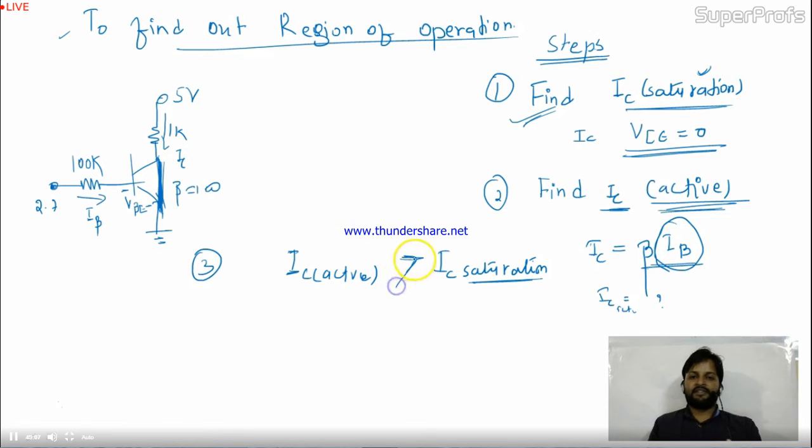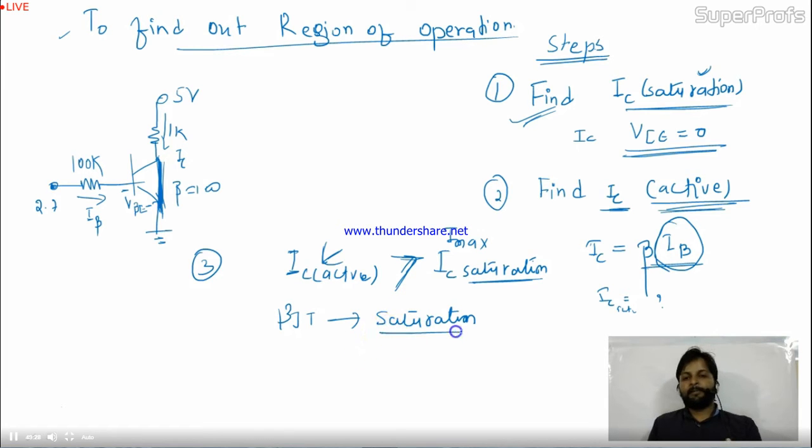So this condition is a faulty condition. What does it indicate? It indicates that your BJT is working in the saturation region. Your IC active is exceeding IC saturation, the max. It means definitely the operating point of your BJT is saturation only.